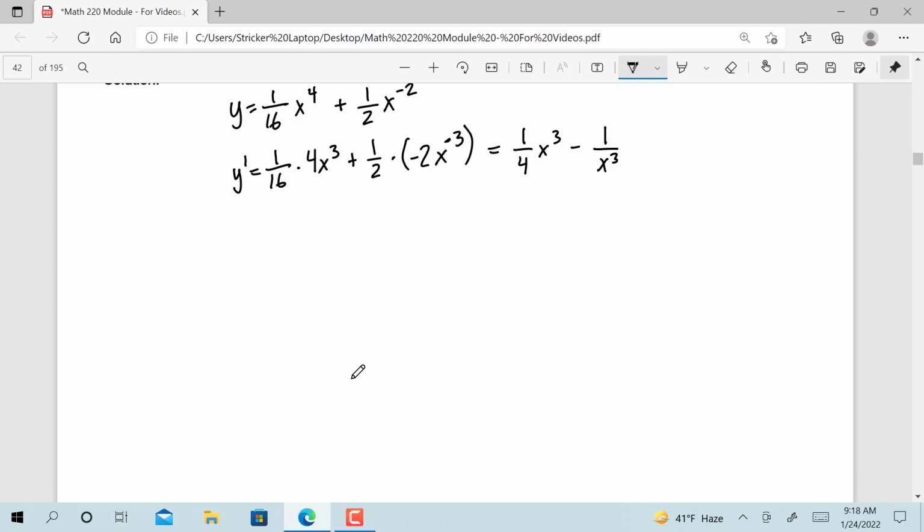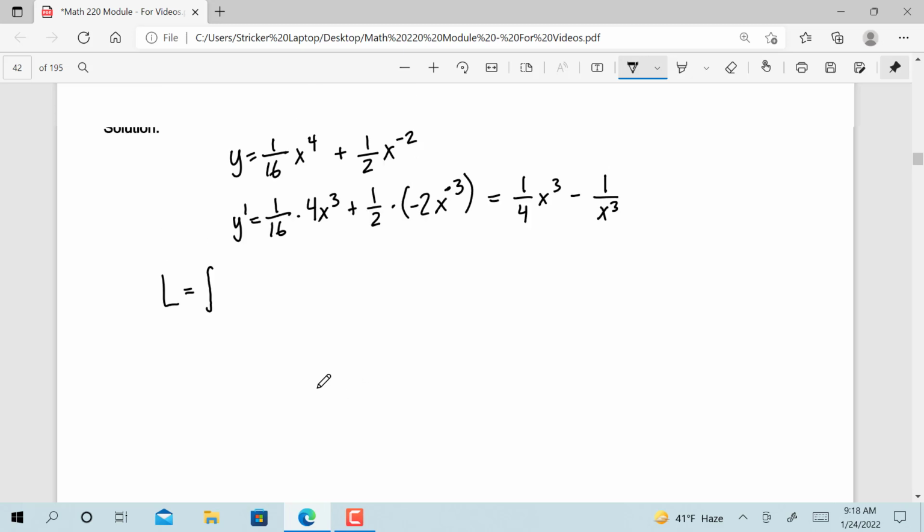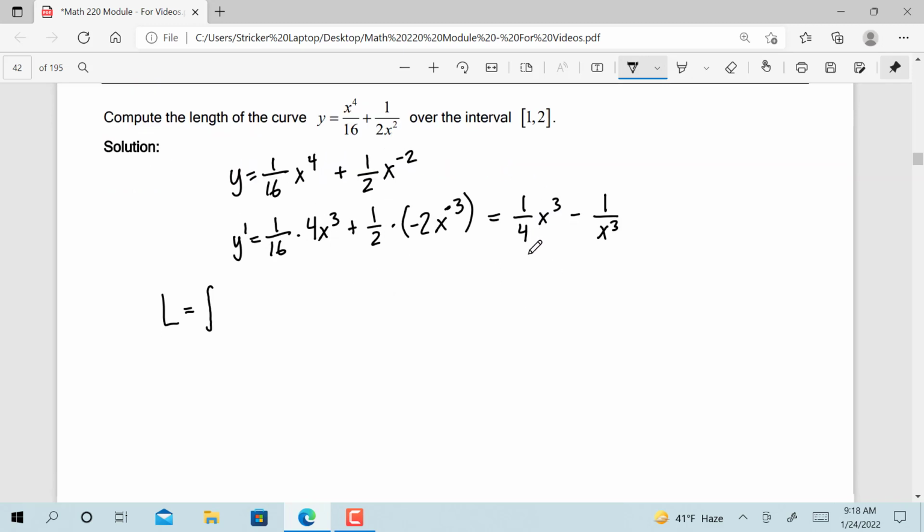So our arc length formula is going to be the integral from 1 to 2, because remember it says our interval was from 1 to 2, of the square root of 1 plus that derivative that we just found squared. So we have 1/4 x to the 3rd minus 1 over x to the 3rd squared dx.